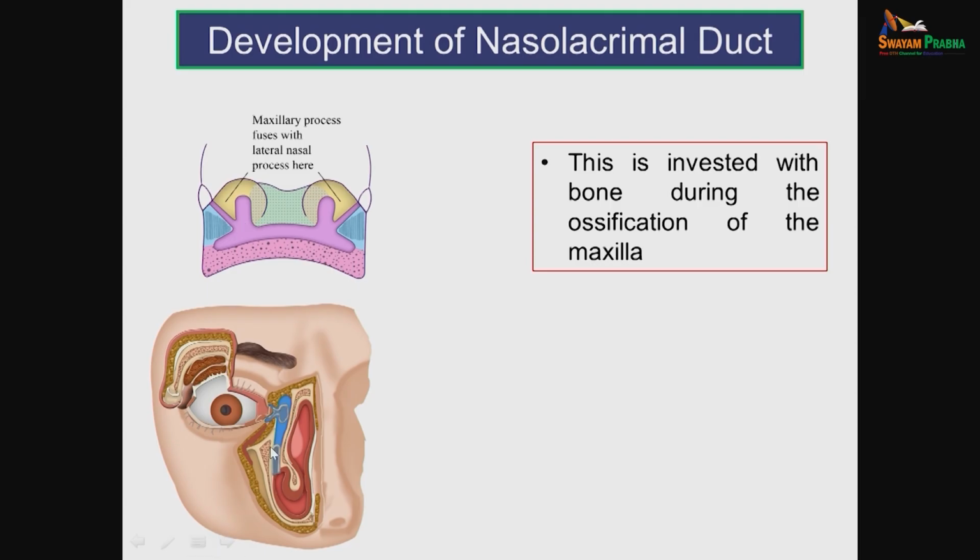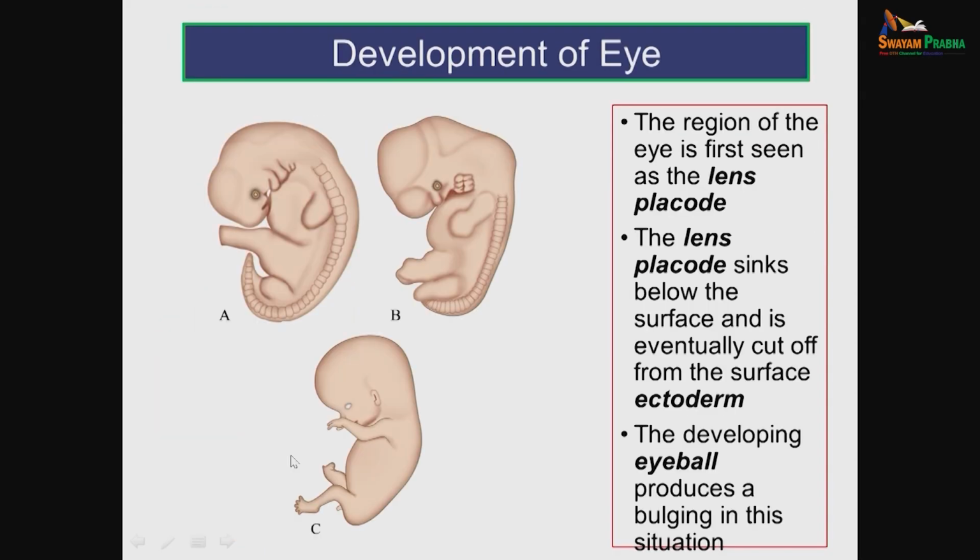In adults, the nasolacrimal duct opens into the inferior meatus in the lateral wall of the nose. So, you can compare the development with its adult position. That is the development of the nasolacrimal duct.